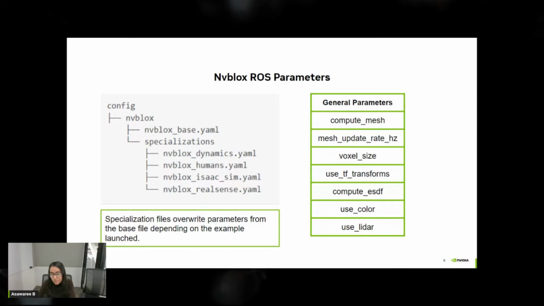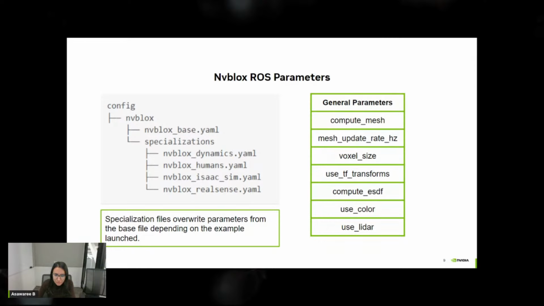As the name suggests, you can use it to set the voxel size in meters to use for the map. Then you have the use TF transforms parameter. This specifies whether to use TF transforms. If this is set to false, NVBlox must listen to the topics for transforms, in which case you need to make sure that in your system, there are topics publishing transforms, and NVBlox has to be able to listen to those.